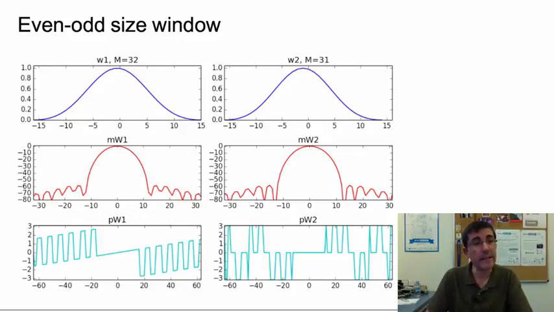On the other hand, if we have an odd size window, we can have a sample right in the middle and then have the same number of samples on both sides. Therefore, it can be perfectly symmetric around 0 and therefore get the 0 phase value that we have talked about before. Okay, so whenever we can, we're going to be using odd size windows.